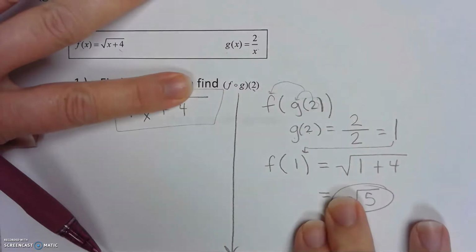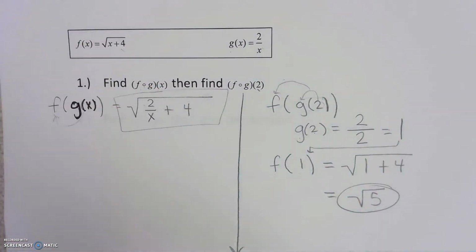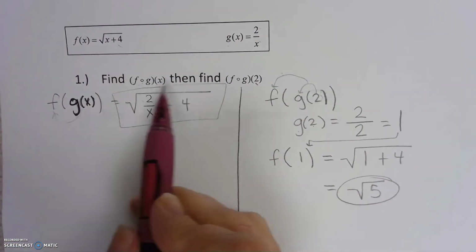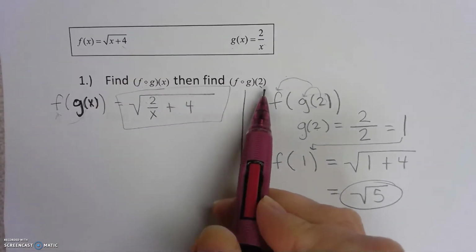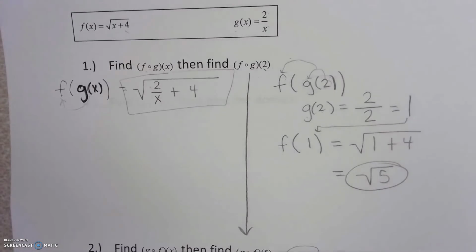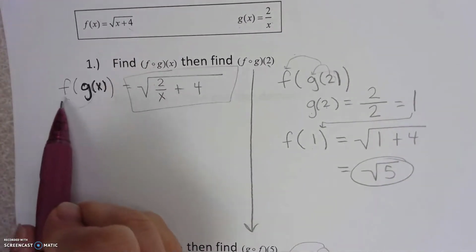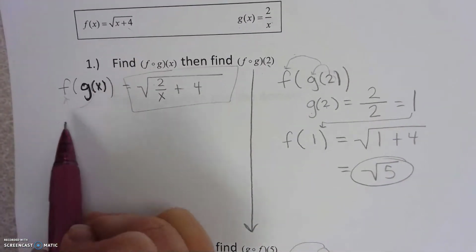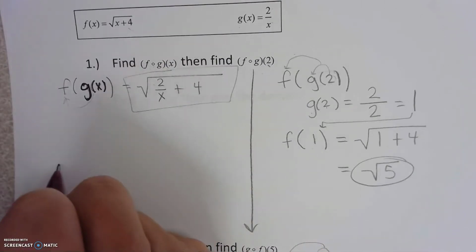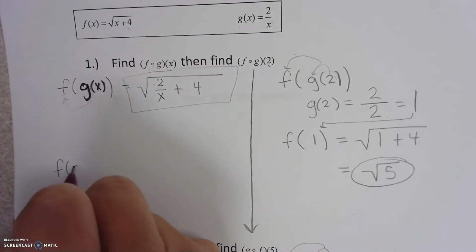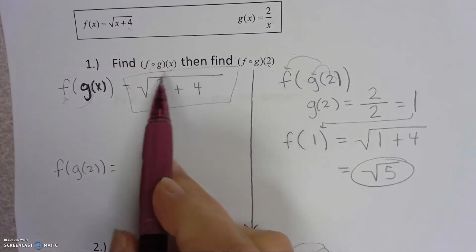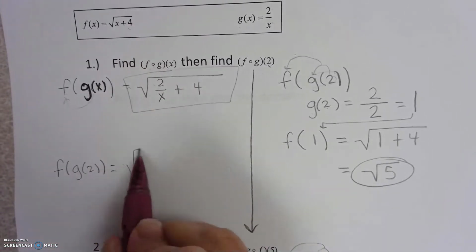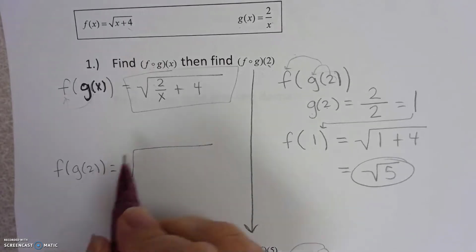Now, if they give you the question written out like this, find this, then this, here's what you can do. Once you find the new function f of g of x, what you can do to find f of g of 2 would be to use your new function, and in place of x, you're going to put a 2.